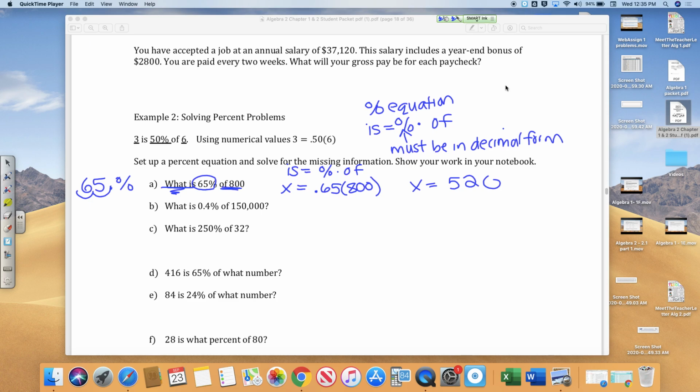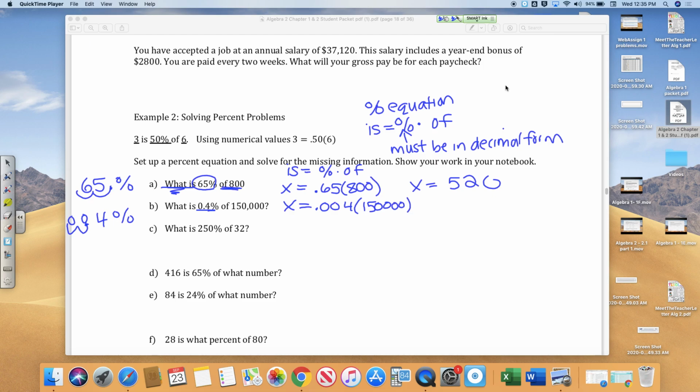We'll try the second one together. What is, so we're trying to find the is number again, that's x, equals 0.4%. So 0.4% has a decimal place already. To take this and put it into decimal form and not percent form, you move it once, twice to the left, adding zeros each time you pass over a number that's not there, and this is 0.004 for my percent in decimal form, times 150,000.